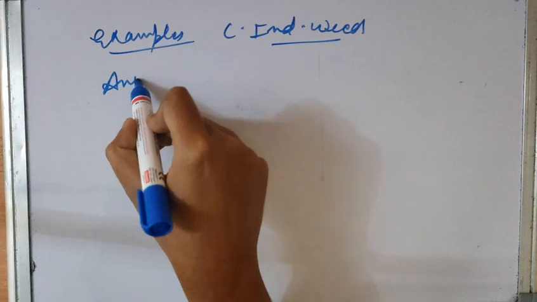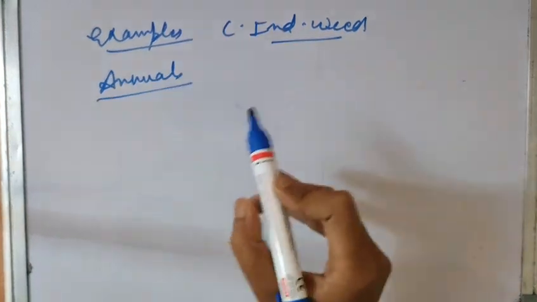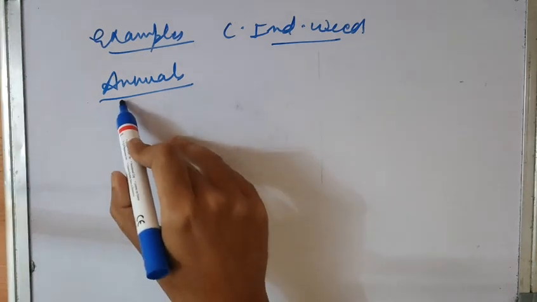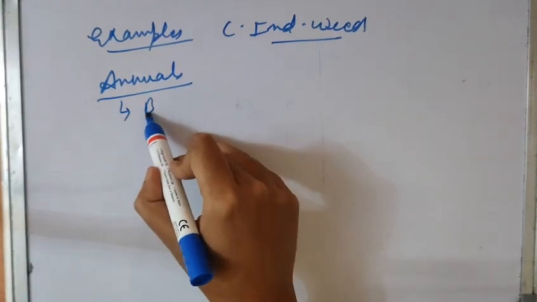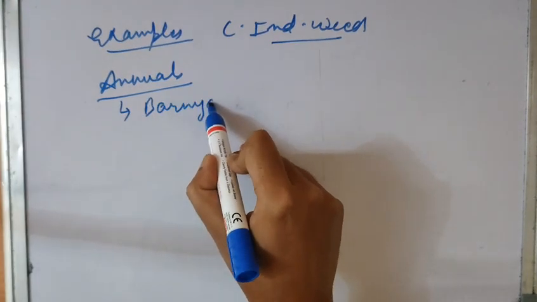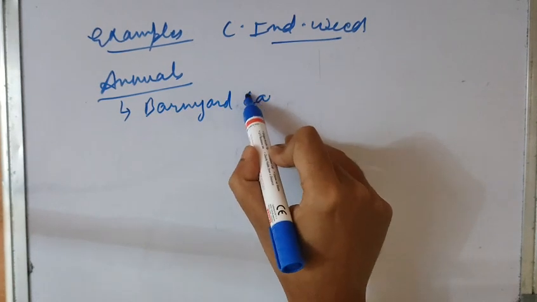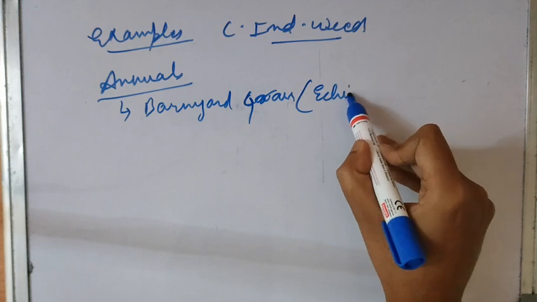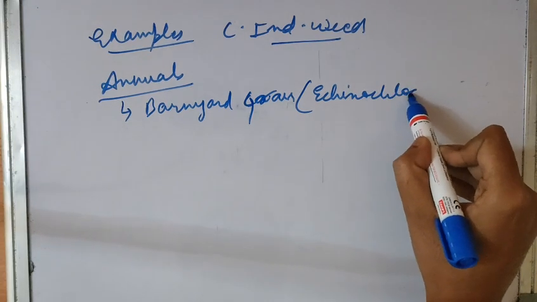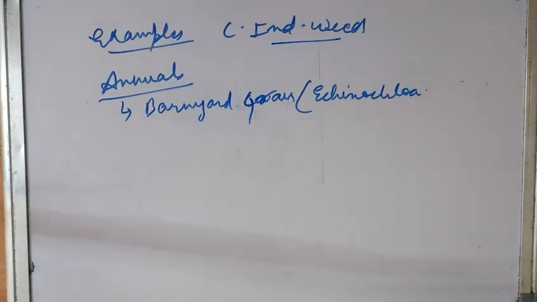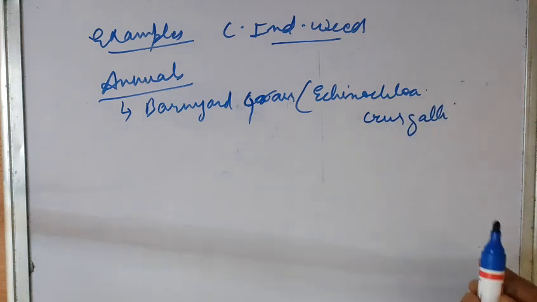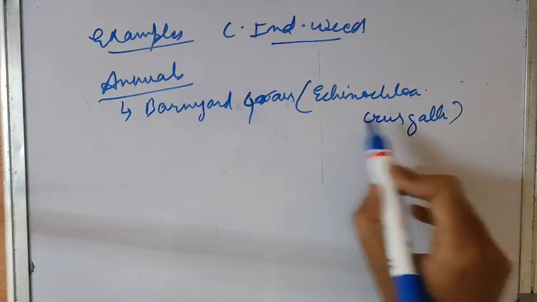They are annuals, that is for one season, 1 year, and we've also got perennials. First we will discuss annuals. Common annuals are barnyard grass, also called Echinochloa crusgalli.